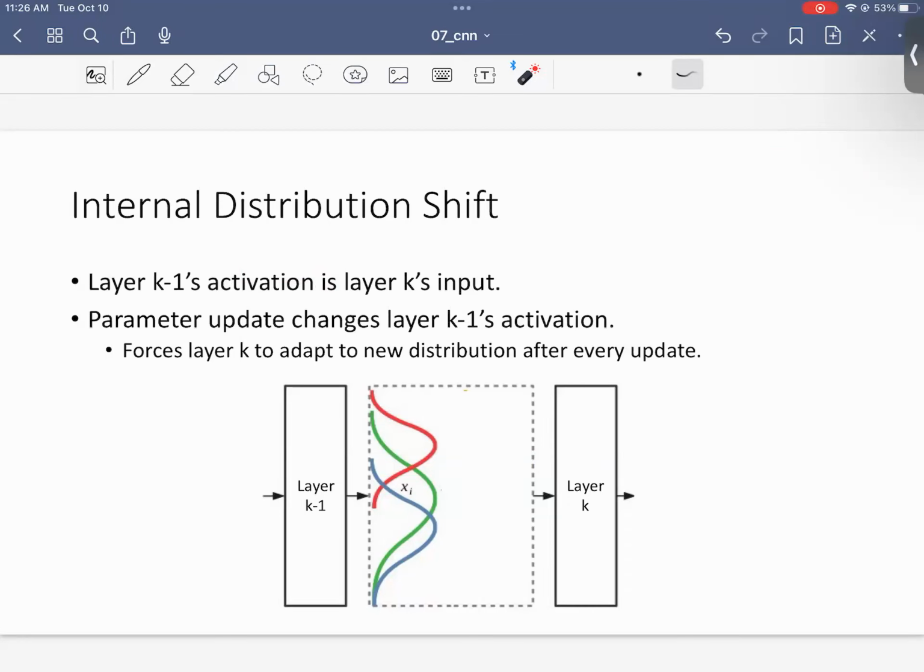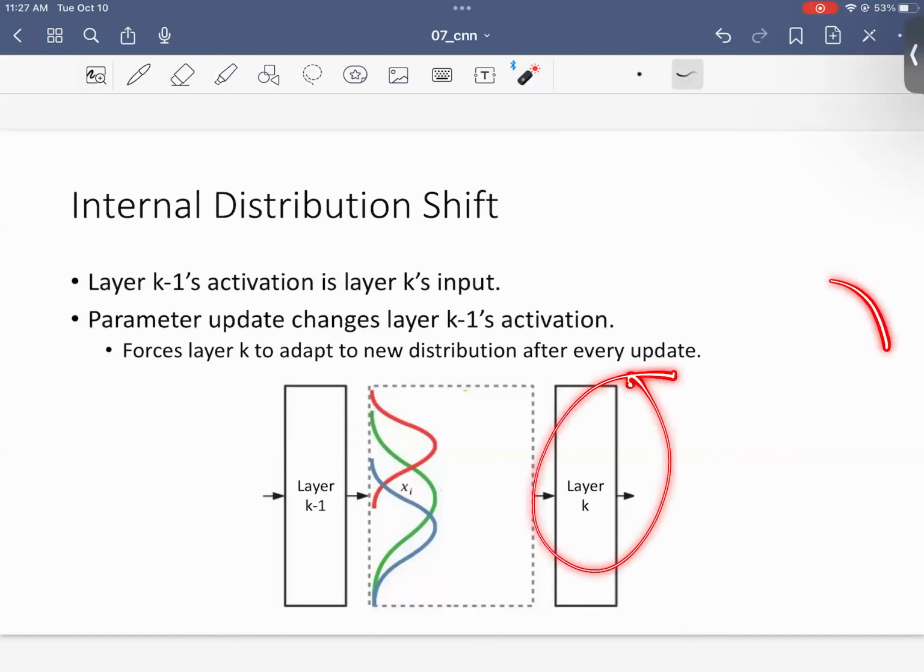So a parameter update changes your previous layer's activation. The parameters in this layer will change, which means that this output will change as you update your parameters. That means your kth layer, the next layer, needs to adapt to a new distribution after every update, because this was updated.